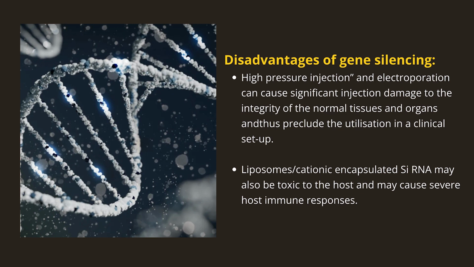Liposomes or cationic encapsulated small interfering RNA may also be toxic to the host and may cause severe host immune responses. Other emerging strategies include chemical modification of siRNA molecules and encapsulation with different molecules, which are still in their infancy and need to be thoroughly investigated before they can be used.